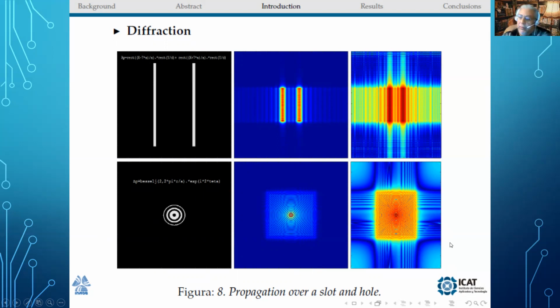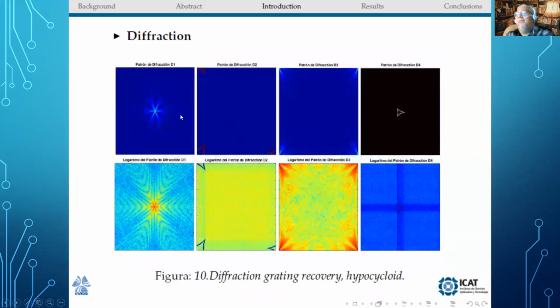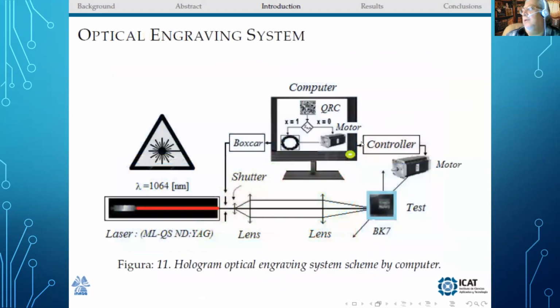This is another example with a Bessel function, and another example for a hypocycloid. If you apply the FFT four times, we recover the original frame.